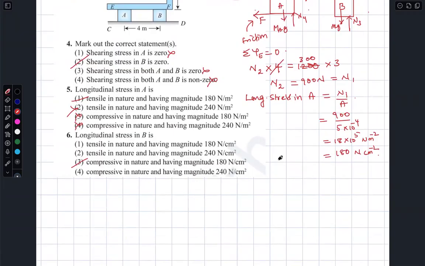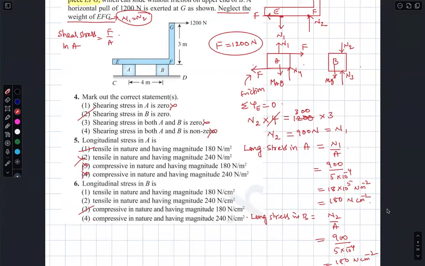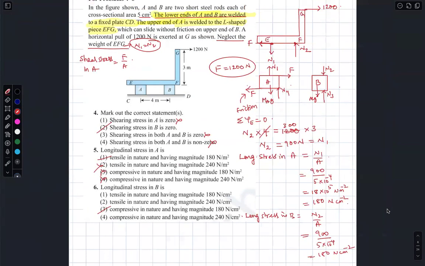So longitudinal stress in B is N2 by A, which you can write as, again, the same, 900 by 5 into 10 power minus 4, which is 180 Newton per centimeter square. I am telling you, this is a very, very good model. Should not miss this.